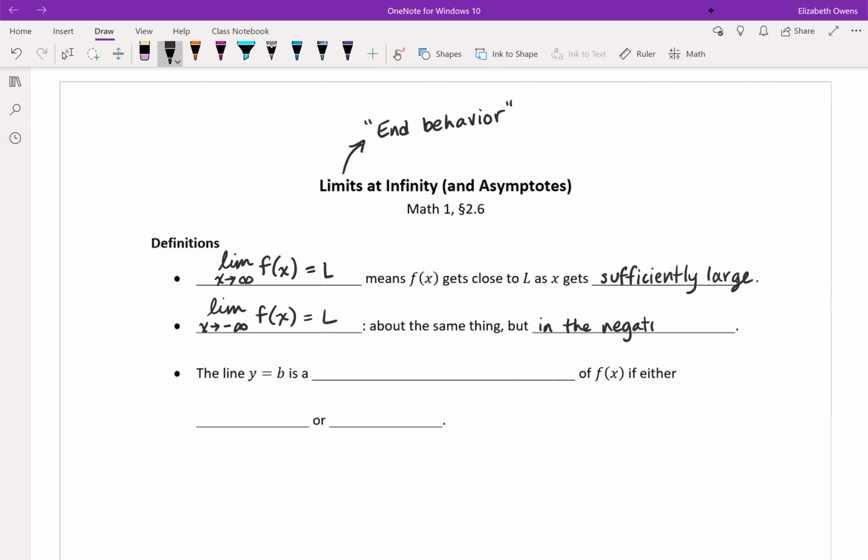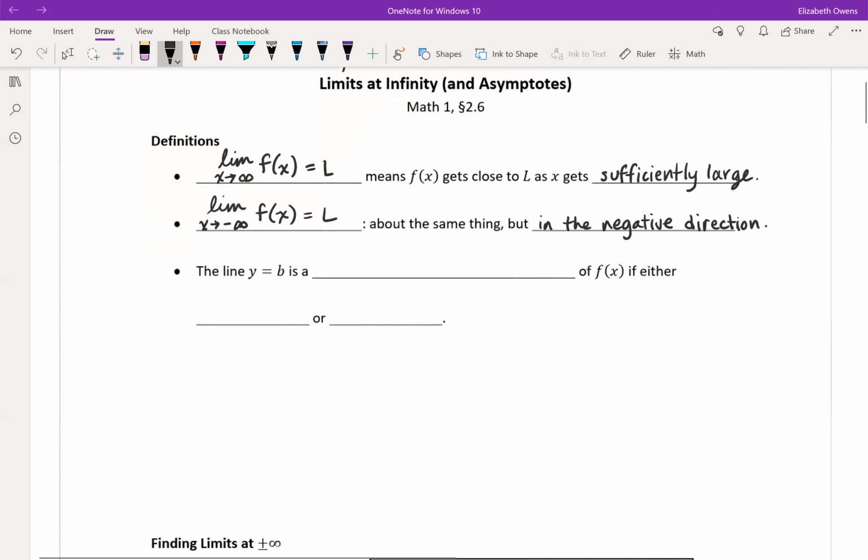Okay, so very large negative numbers. So here we are looking at the function approaching a constant as x gets sufficiently large in either direction.